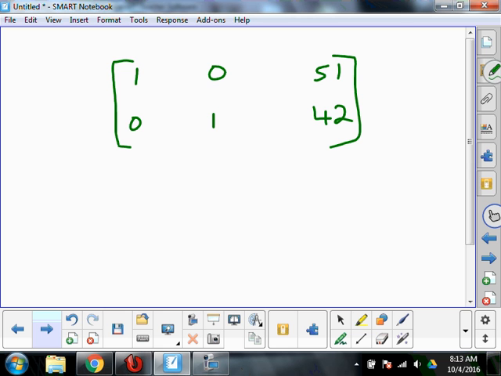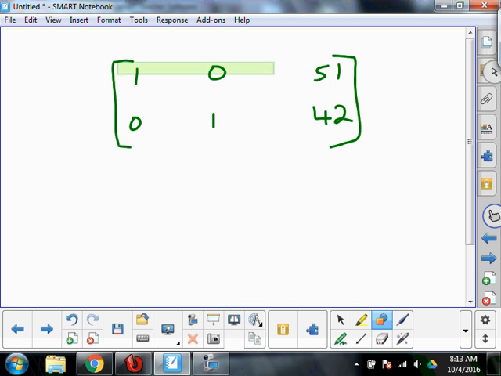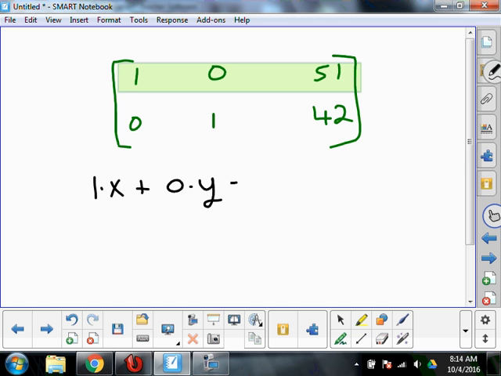If they're both 1? Not exactly, no. Is it x equals 1 and y equals 42? Well, let's think about that for a minute. You're probably right. That top row, if we translate that back into an equation, would tell us that 1 times x plus 0 times y is equal to 51.